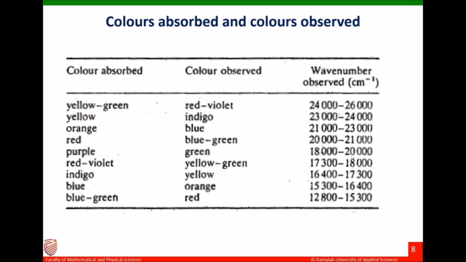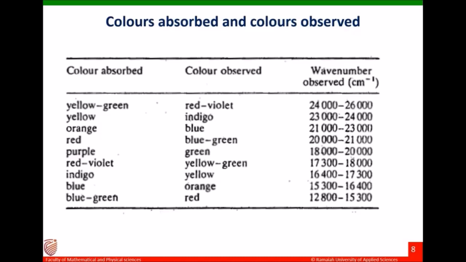Here I am giving you one table showing which color is absorbed by the complex and the color of the complex. For example, if a compound absorbs light in the region of yellow to green, then it will appear as red or violet.